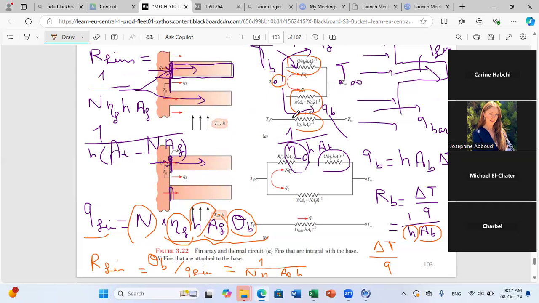Now, in case you have thermal contact resistance, if they tell you the surfaces are not perfectly smooth, so whenever you have Q that will go through the fins, it will go through two resistances. First, you will have to go through the resistance of contact, then you should go through the fin. So in this case, you should add to your thermal circuit the contact resistance due to fins. I hope that the idea is clearer now.